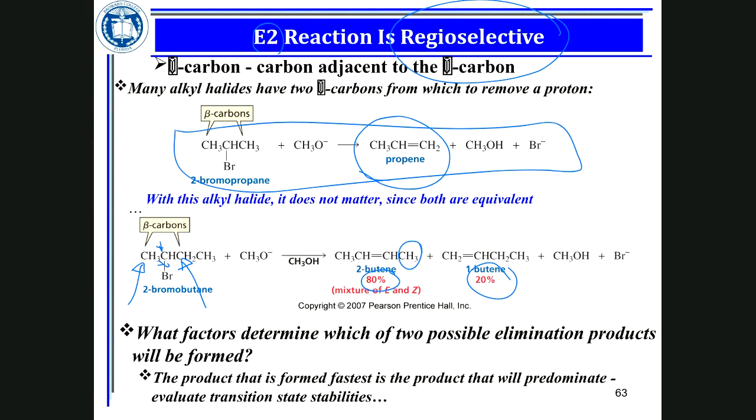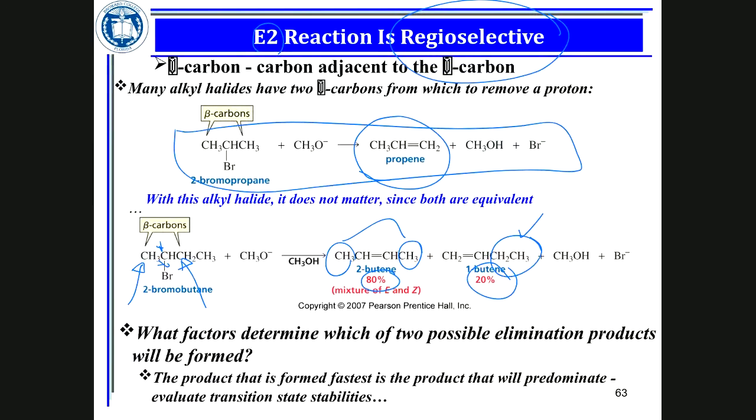You have carbon-carbon double bond with 2 alkyl groups attached to it. If you remove the hydrogen from the left side, you end up with carbon-carbon double bond with 1 alkyl group attached. Which one is more preferred? Carbon-carbon double bond, which one is more stable? Carbon-carbon double bond with 2 alkyl groups or with 1 alkyl group only?